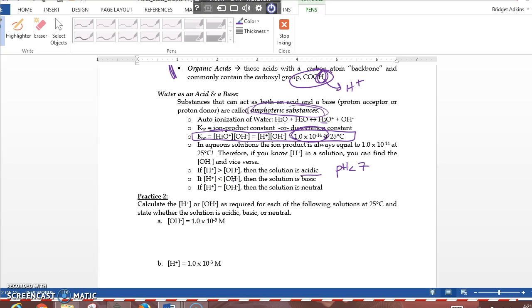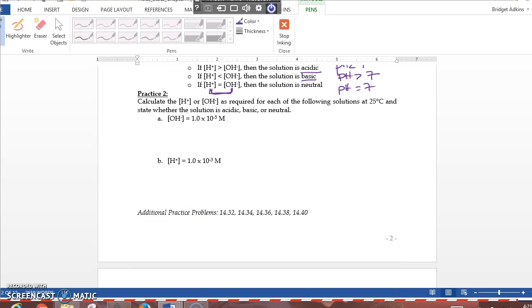If H plus is less than OH minus, meaning the OH is winning, then it'll be basic and the pH will be greater than 7. And if these two are equal, it's a very special condition, that means you are neutral and your pH is equal to 7.